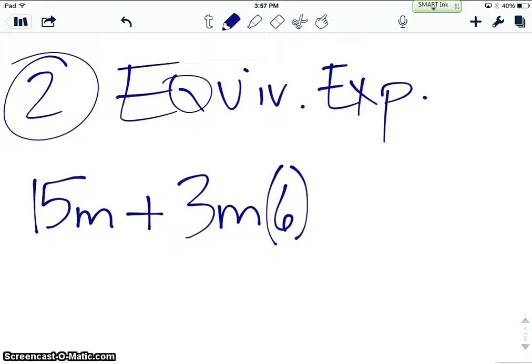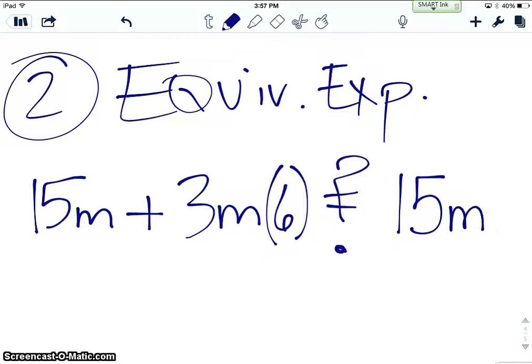And I want to know, is that equivalent to the expression 15m parentheses 2. There we go.